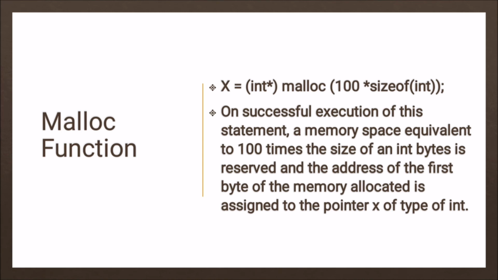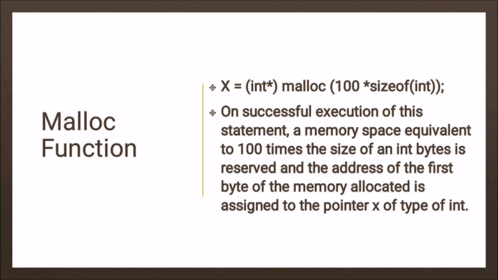For example, x = (int *) malloc(100 * sizeof(int)). On successful execution of this statement, a memory space equivalent to 100 times the size of an integer in bytes is reserved, and the address of the first byte of the memory allocated is assigned to the pointer x of type integer.